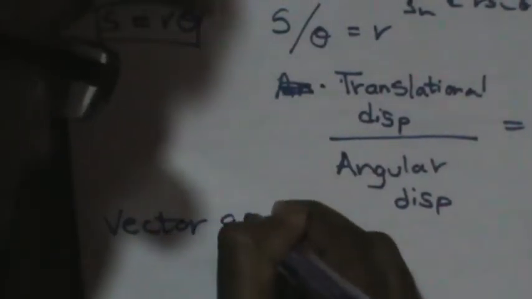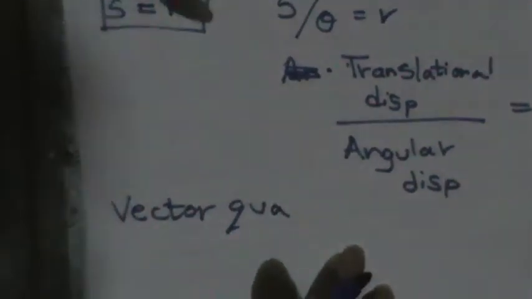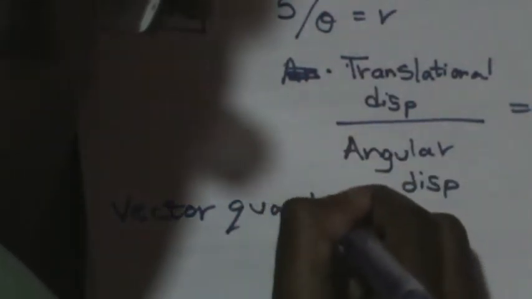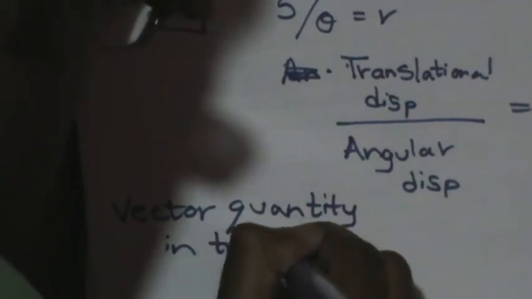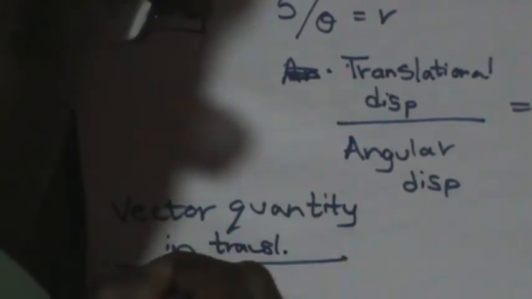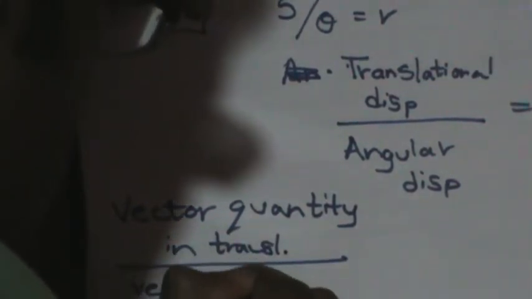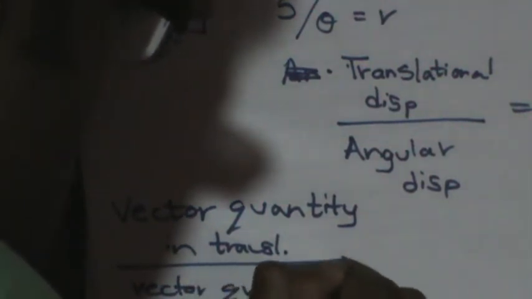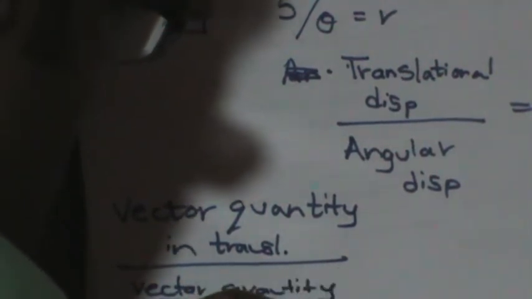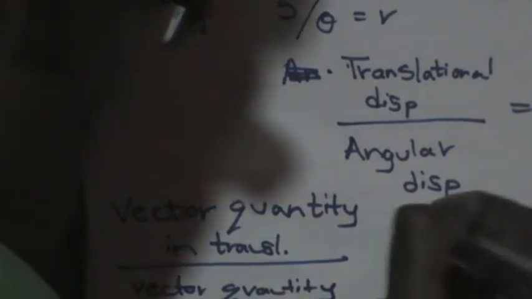So the vector quantity in translation divided by the vector quantity in rotation is equal to R.